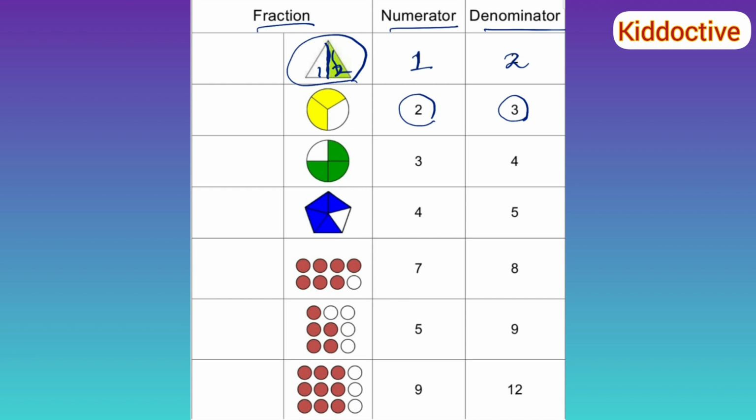So how are you going to represent it? 3 by 4 or 3 upon 4, because 3 parts are shaded, 1, 2, 3, and the circle is divided into 4 parts. Okay, I hope you understand how to represent numerator and denominator.